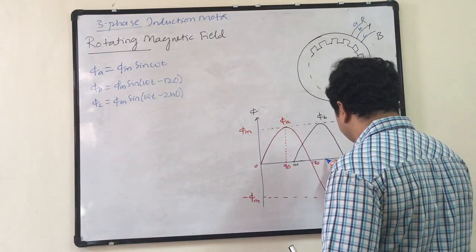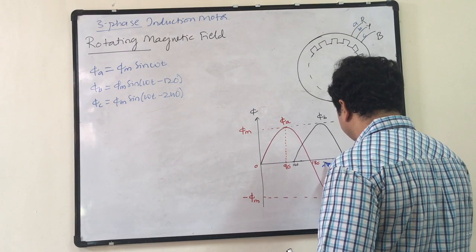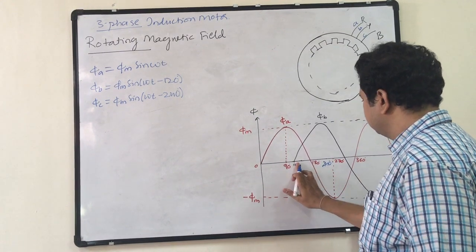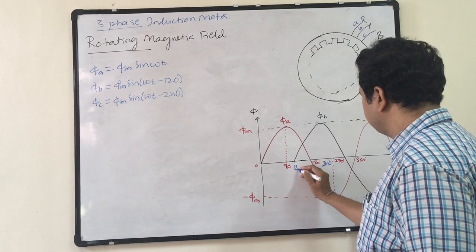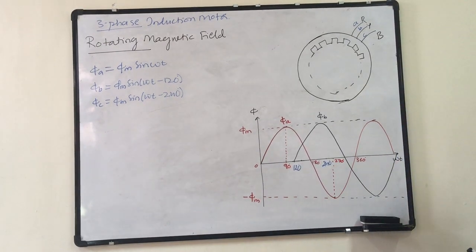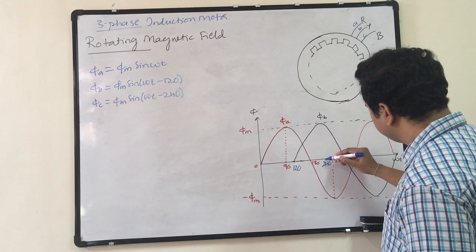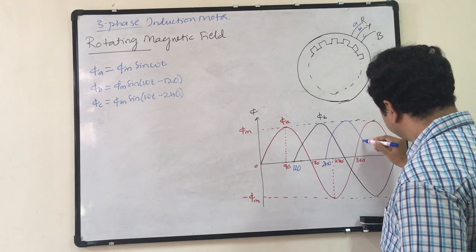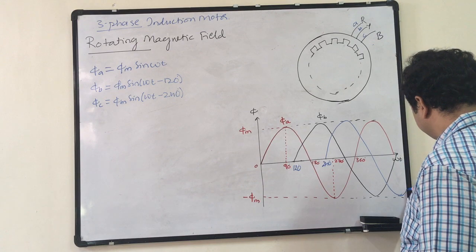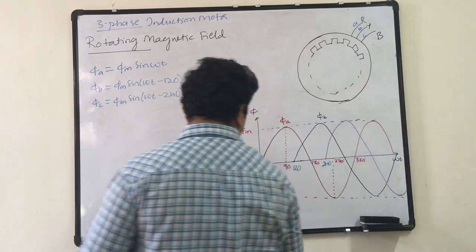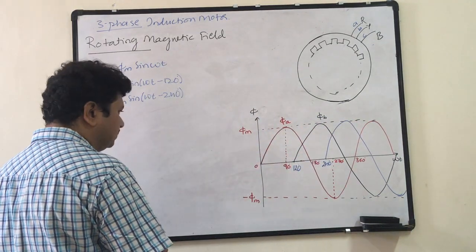So this is 270. Somewhere I will get it as 240. Okay. This is 120. Now the third waveform will be parallel to the first and second waveforms. Okay. Now extend the waveforms.